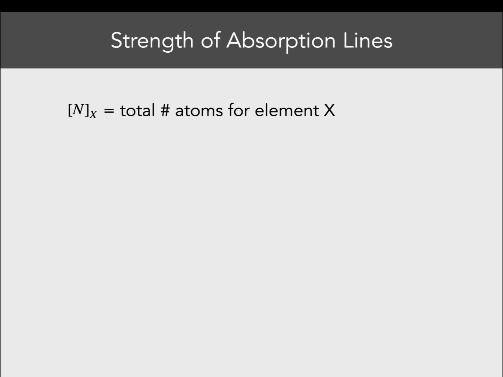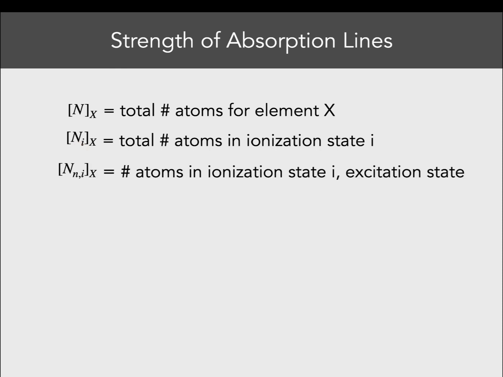Okay, so we're going to define the total number of atoms for a given element X. So N means number. Brackets just mean, okay, how many atoms do I have for some element X. This is now a little more specific: how many atoms do I have for element X that are in ionization state I?